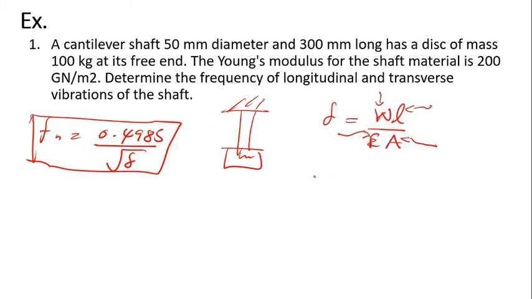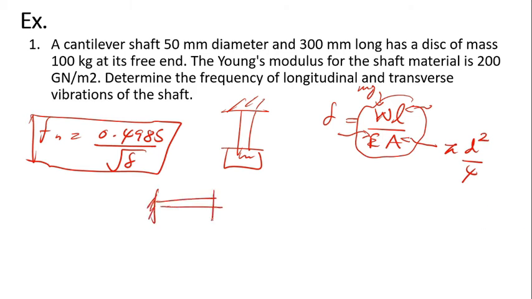Okay, and so for W it is mg, L is given as 300, E is given as 200. A, how to calculate A? A is the area of the cross-section, so pi d squared over 4.